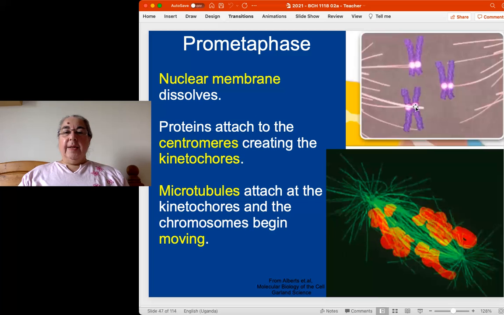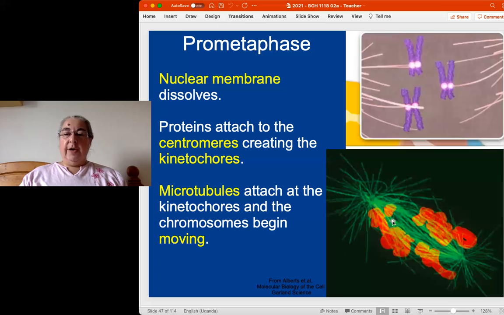Proteins attach to those centromeres to form a structure called a kinetochore, and the kinetochore allows the spindle fiber to attach to the chromosome. So now each chromosome is attached to a microtubule of the spindle at its centromere by way of proteins which make kinetochores.